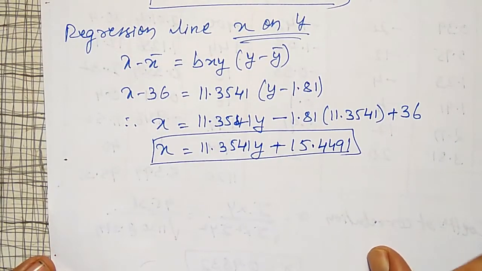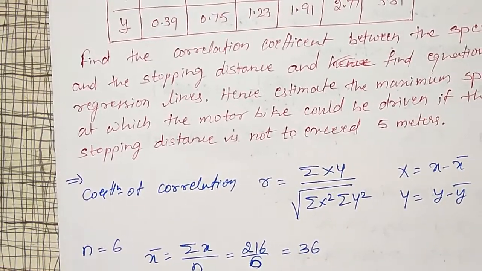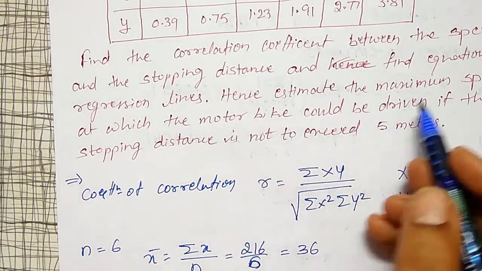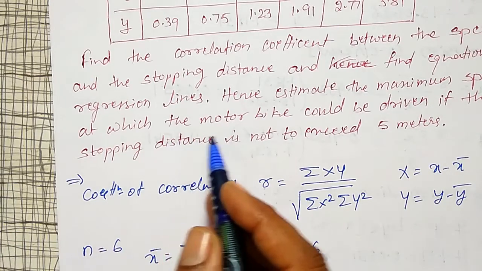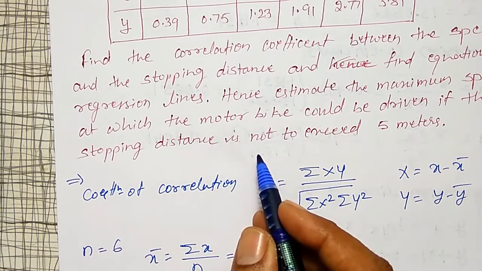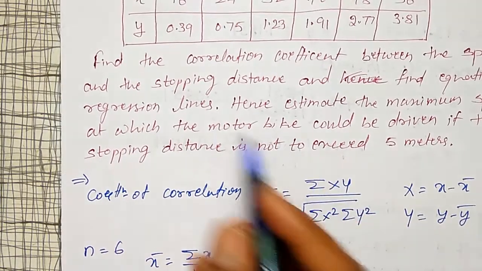After finding the regression lines, one more question is asked. Estimate the maximum speed at which the motorbike could be driven if the stopping distance does not exceed 5 meters. Stopping distance means y.